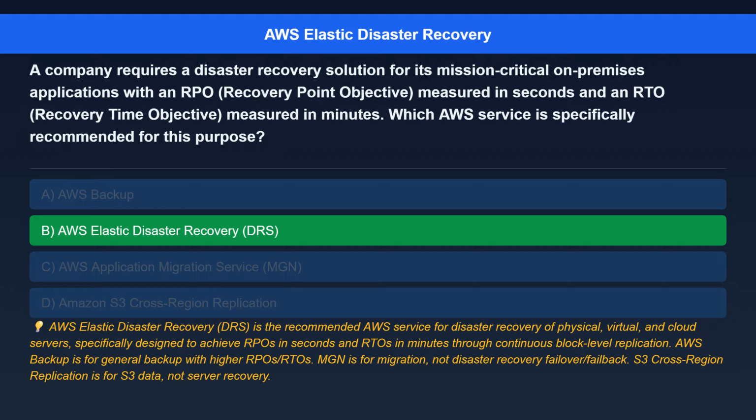AWS Backup is for general backup with higher RPOs/RTOs. MGN is for migration, not disaster recovery failover/failback. S3 cross-region replication is for S3 data, not server recovery.